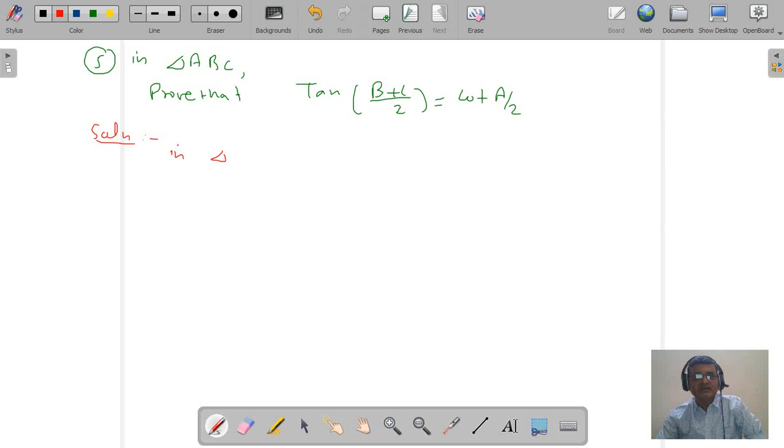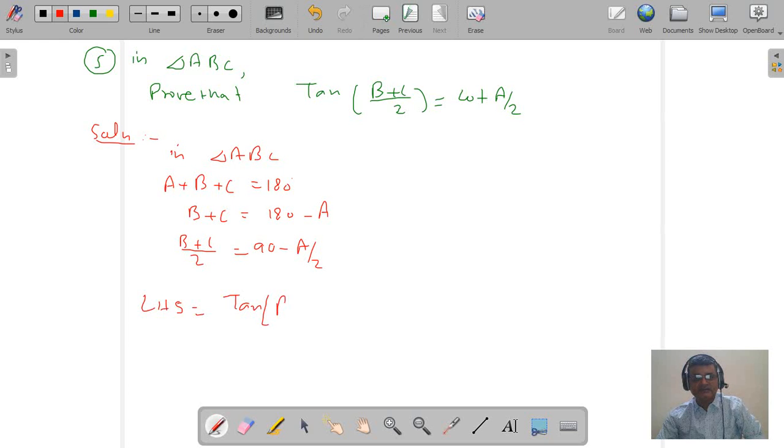In triangle ABC, angle A plus B plus C is equal to 180 degree. So B plus C will be equal to 180 degree minus A. So B plus C by 2 is equal to 90 minus A by 2. So we are putting the value in the left hand side, that is tan (B plus C) by 2.